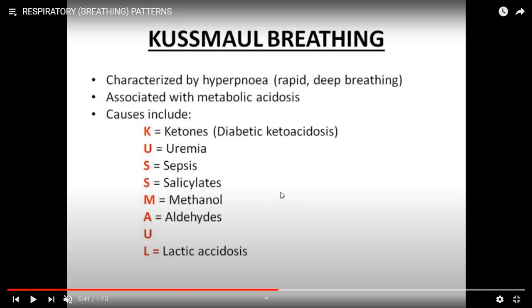The other S is salicylates, like aspirin poisoning, and so on. Salicylates can cause Kussmaul respiration. M is for methanol. Methanol alcohol can cause Kussmaul respiration. And A is for aldehydes. Aldehydes can cause Kussmaul respiration.